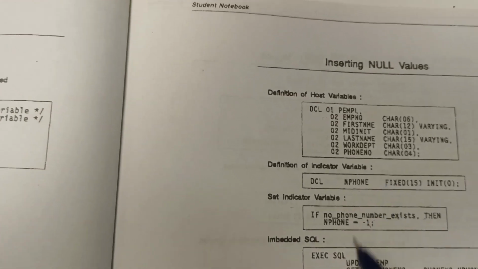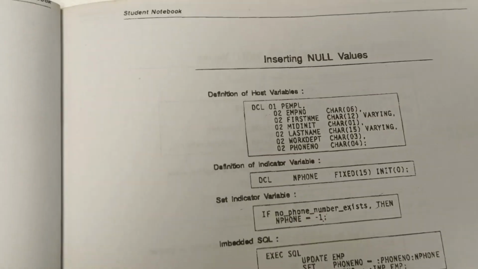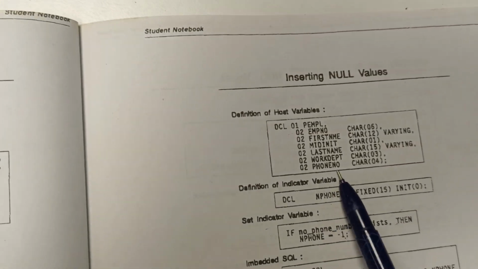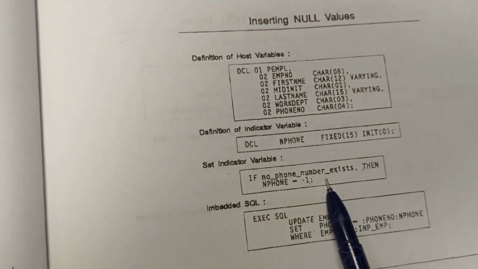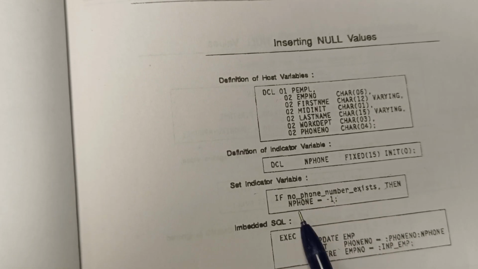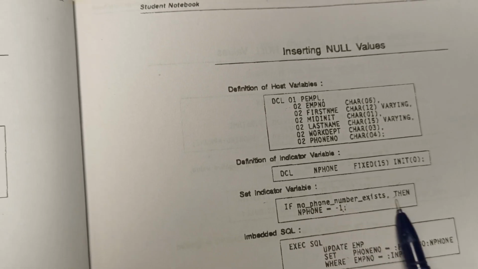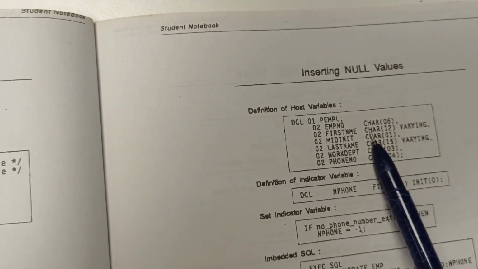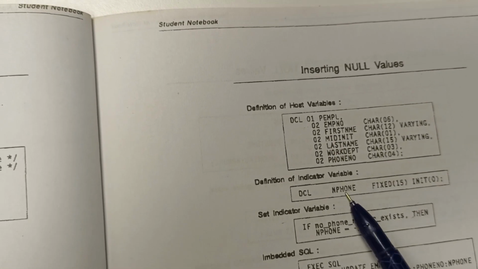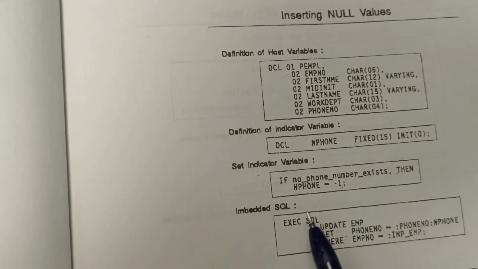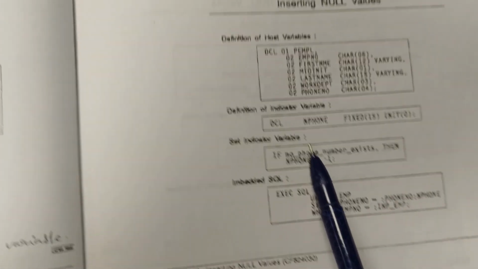Now, how to insert the null values whenever you are trying to insert into any table. This is the syntax to insert null values: we check if the phone number exists, or if no phone number exists in the table. These are sample syntax they have created, with DCLGEN, the definition of the indicator field, and setting the indicator value.